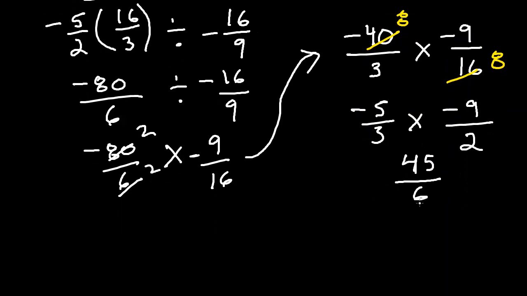So again, if you wanted to simplify this further, we can write it as a mixed number. So how many times is 6 going into 45? Well, it goes into 45 7 whole times. So 7 times 6 is 42. And to get 45, we have 3 left over. So it's going to be 3 over 6.